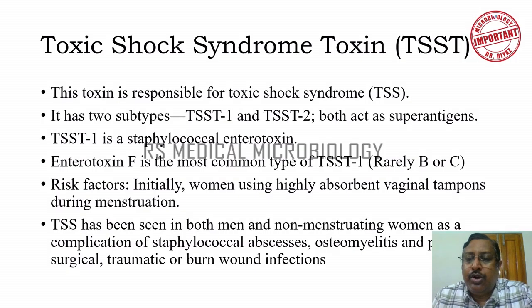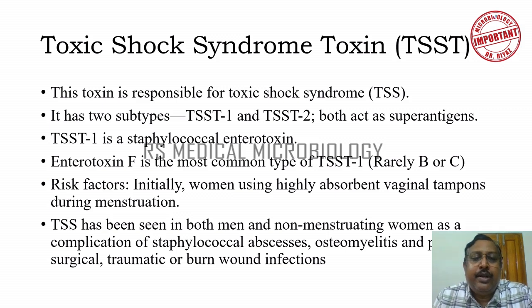Now we'll see about the toxic shock syndrome. Again, it's a toxin mediated disease. There are two subtypes, type 1 and type 2, which are superantigens. The TSST-1 is a staphylococcal enterotoxin, wherein mostly it is the enterotoxin F which is responsible for this.